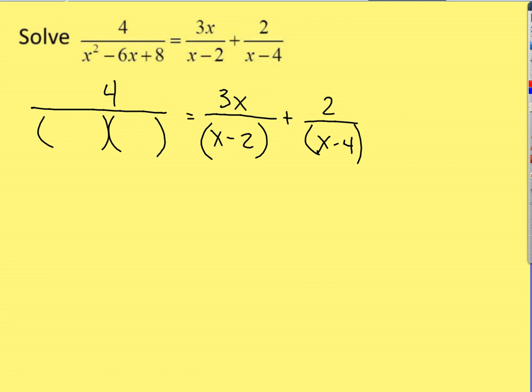We want to see what multiplies to get x squared, which is x and x. We want to see what multiplies to get 8, that when you add you get negative 6. So negative 4 times negative 2 is going to give us a positive 8, and negative 4 minus 2 does give us a negative 6.